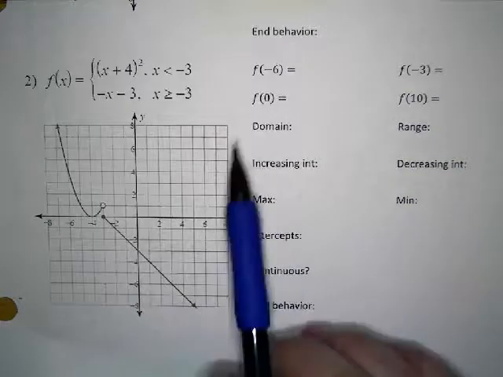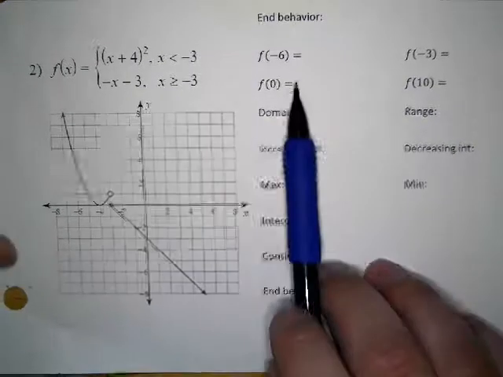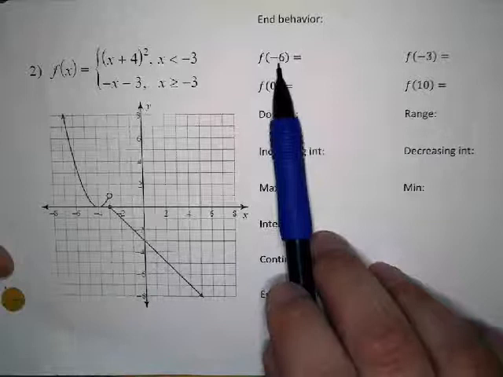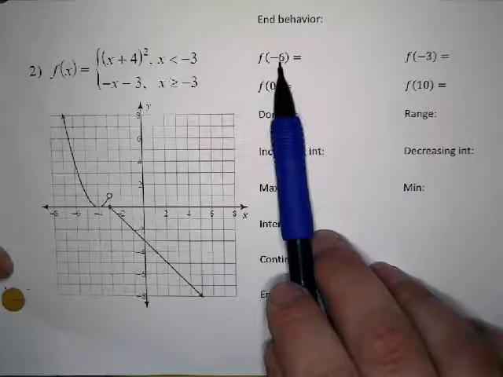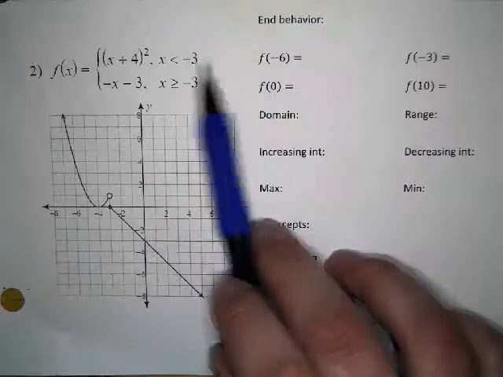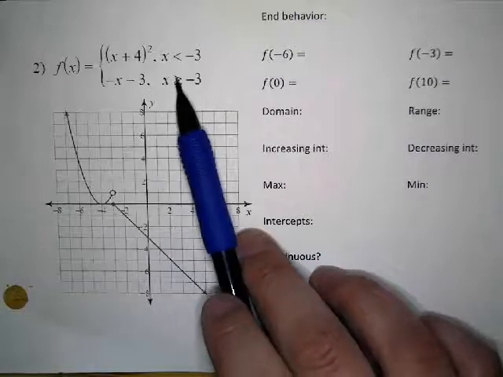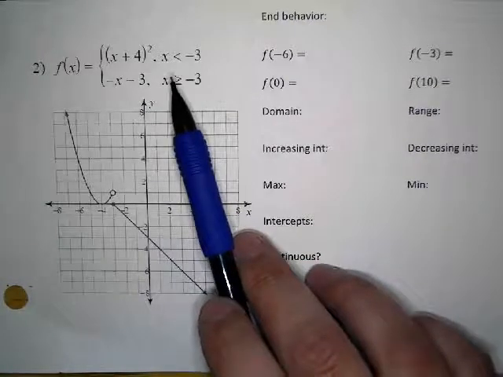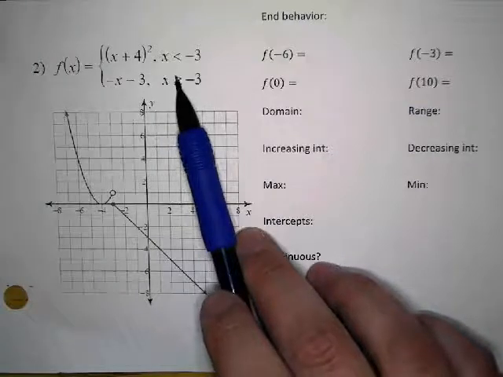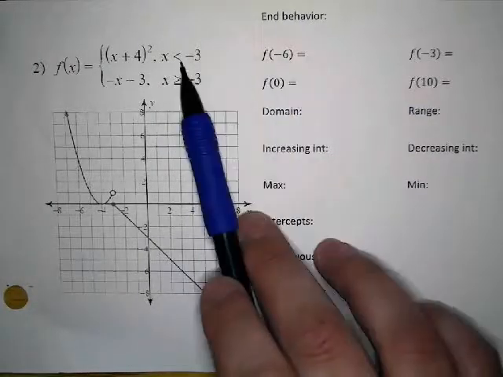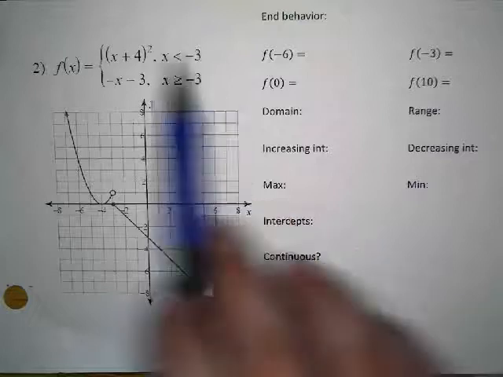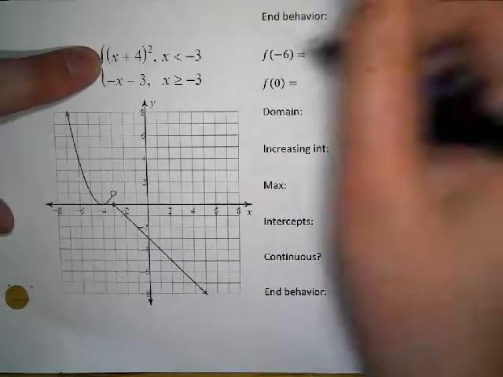All right, so for number 2, first thing, plug in -6, it says. If we look at the 2 different pieces that we can plug numbers into, if we're plugging in -6, which one do we get to plug it into? Yeah, the top one. -6 is less than -3, so we have to plug it into this one.